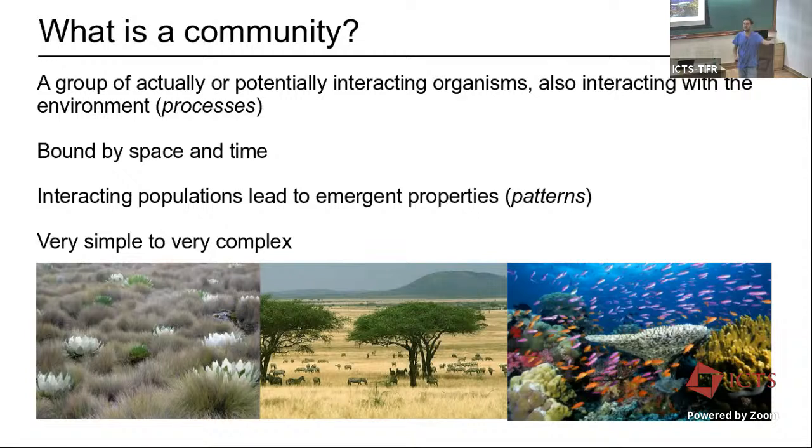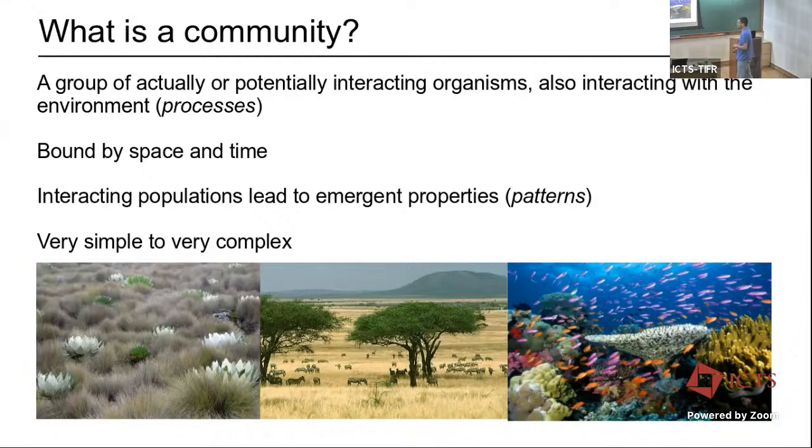Or communities change over space: if I move from a desert to a rainforest, the communities are going to change. So, actually or potentially interacting species, and these interactions then lead to patterns that emerge from the process of interaction. We'll see what some of those patterns are.